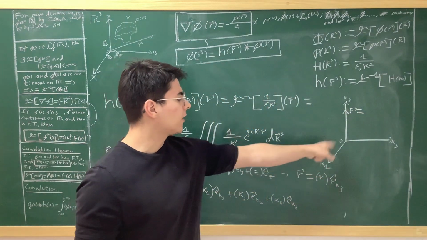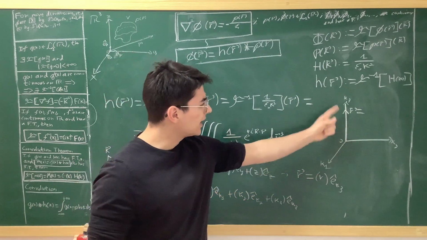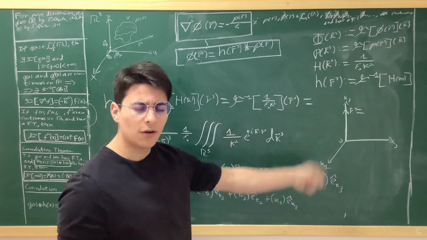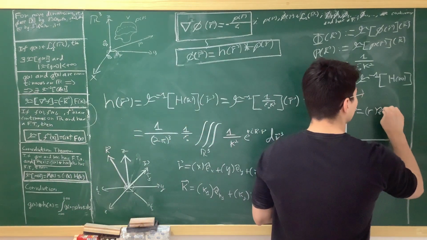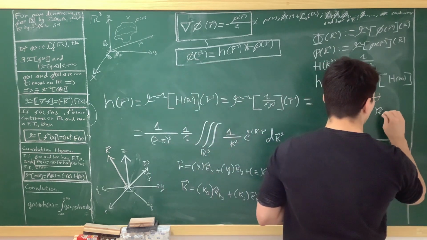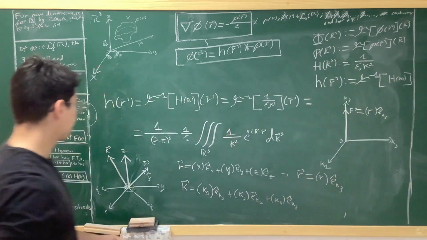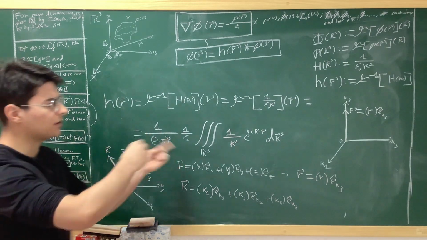There's no component in the k1 direction and no component in the k2 direction. And the component in the k3 direction is just the length of r. So it is just r, but in which direction? In the k3 direction.